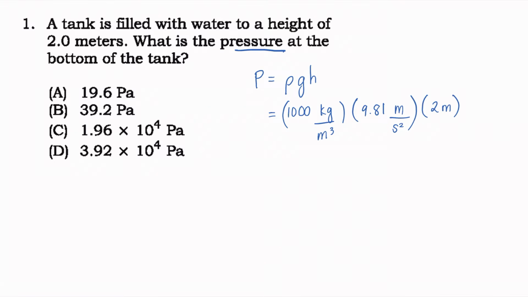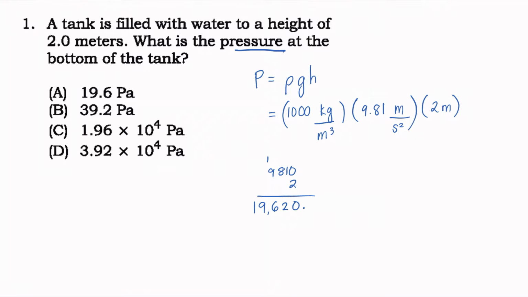So, unahin muna natin yung 1,000 times 9.81. So, move to the right, magiging 9,810, di ba? Times 2. 2 times 0 is 0, 2 times 1 is 2. 8 times 2, 16, carry 1. 9 times 2 is 18, plus 1, 19. So, 19,620.